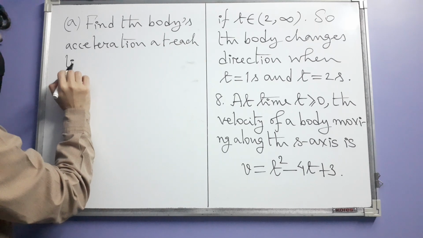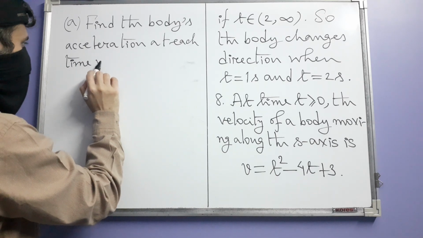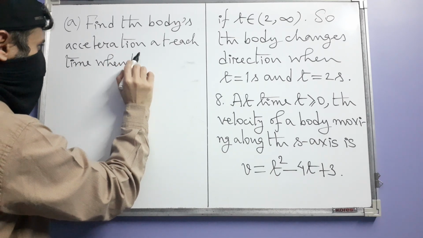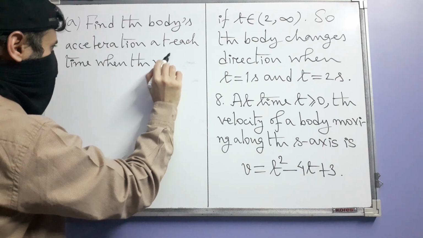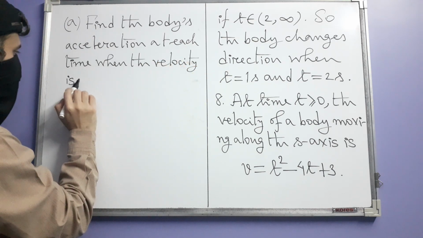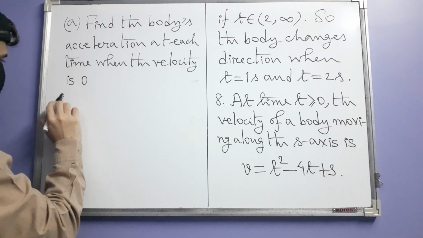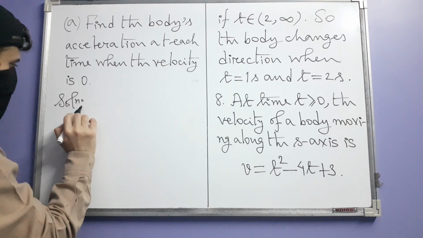At each time means at each instant of time when the velocity is 0. Let us first find when the velocity is 0, and let's solve this part first.